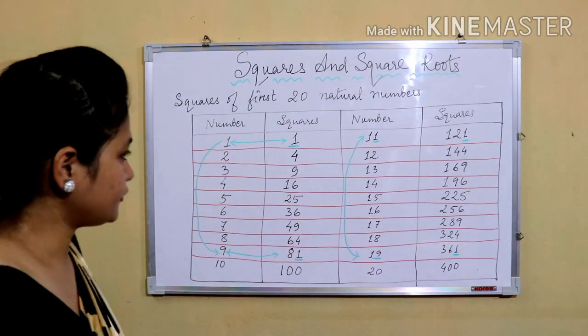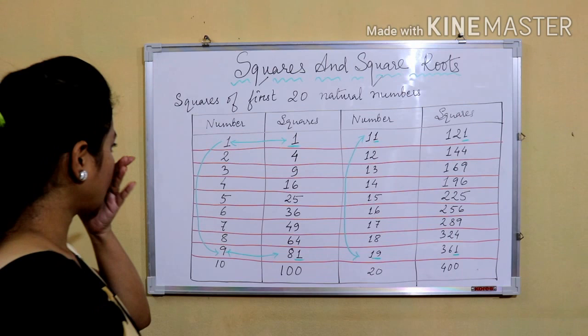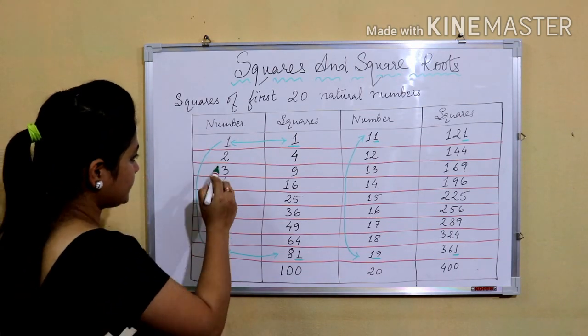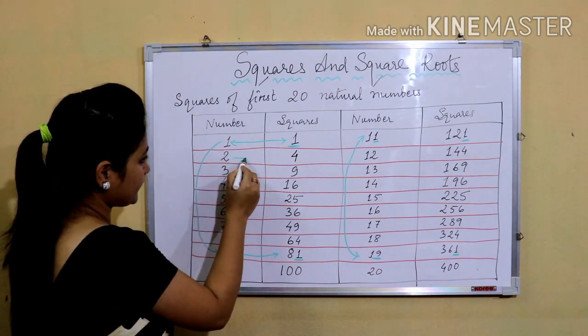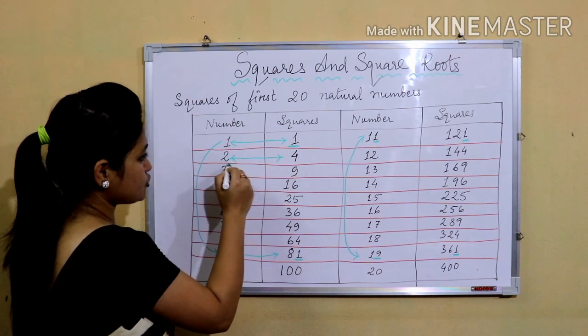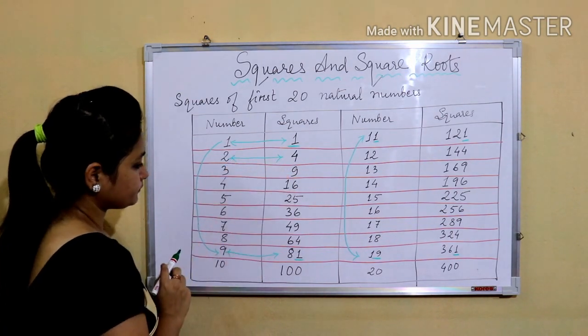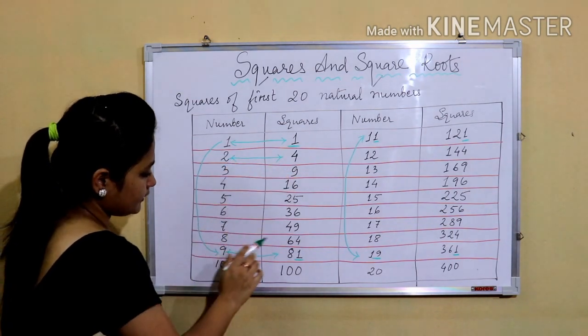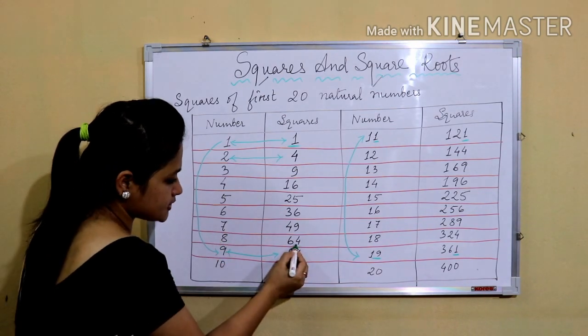So same way, if we go for 2, 2 square gives you 4. Same way, 8 square gives you 64.